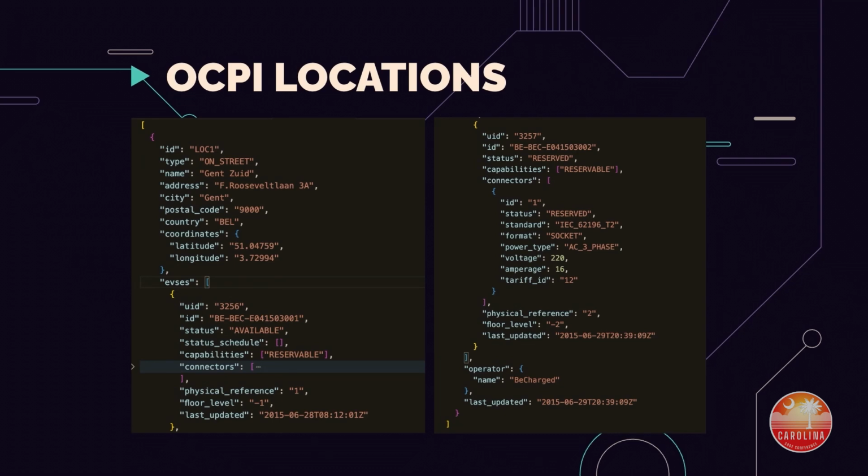Electric vehicle supply equipment means charger. In this case, we've got two. This one has a connector that's down, but this one's reservable and it's available. And this other one gives more information about AC 3-phase and all that. In general, this is all the information you can provide about a single charging location and all of the chargers available therein.